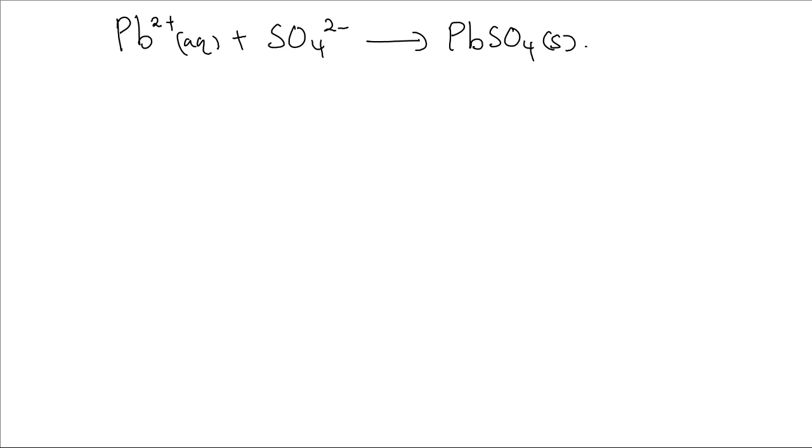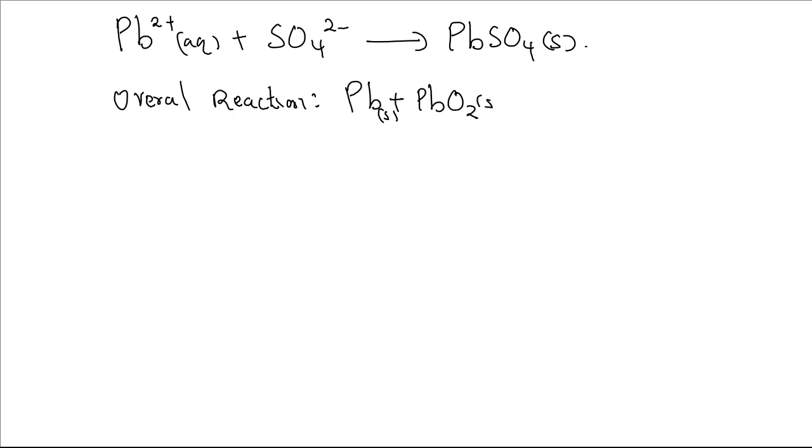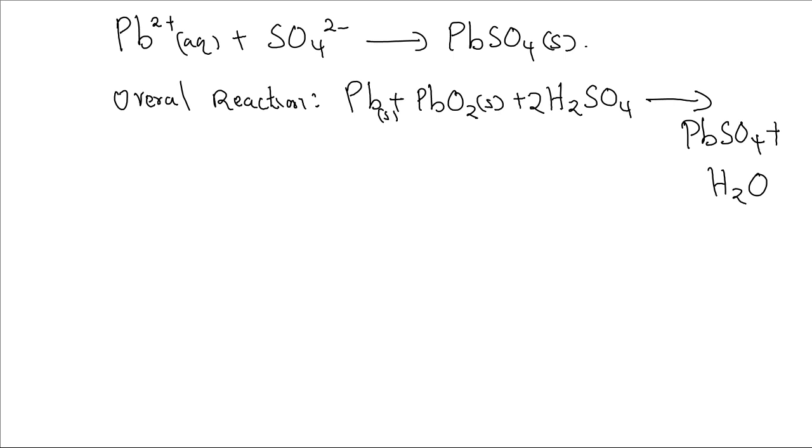Hence, the overall reaction will have lead plus lead 4 oxide plus the sulfuric 6 acid, leading to formation of lead 2 sulfate plus water, because the lead formed reacts with sulfate to form the lead 2 sulfate.